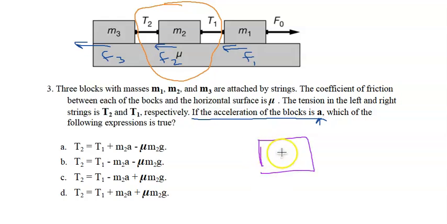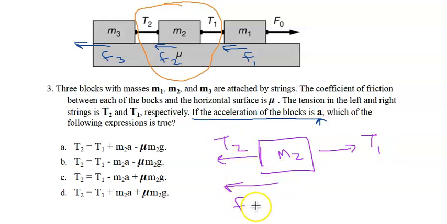So if you draw the external forces on M2, you have T1, you have T2, you have friction, and then you have weight and normal that balance each other out and are perpendicular to the motion, so we don't care about them. So they want you to find T2, but it's not clear that you should just know, oh, T2 equals this.